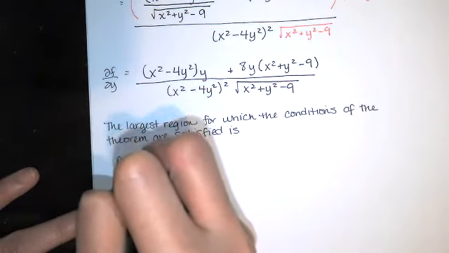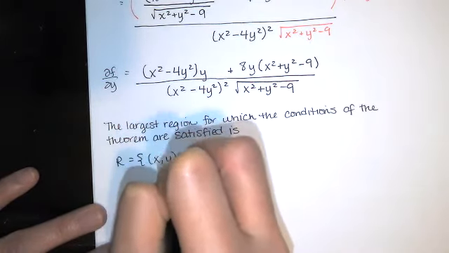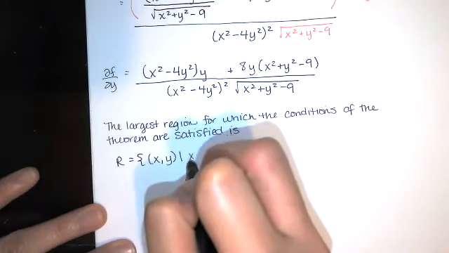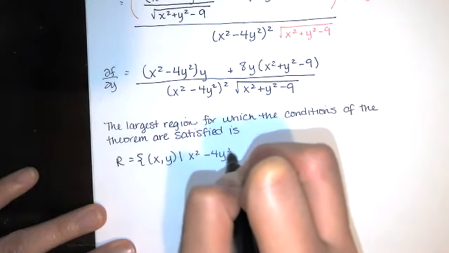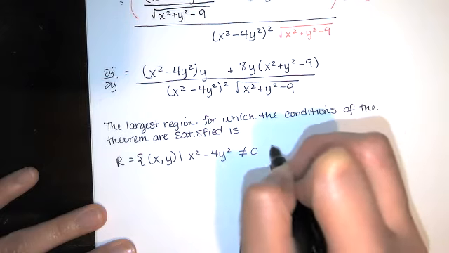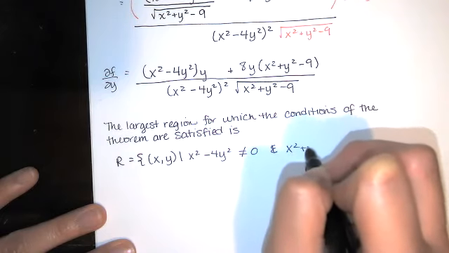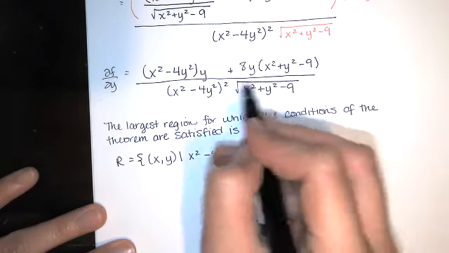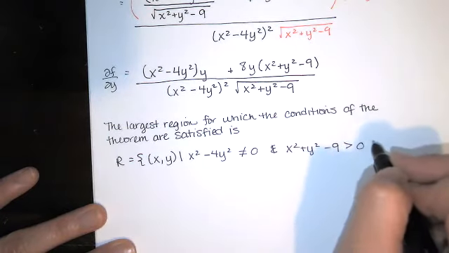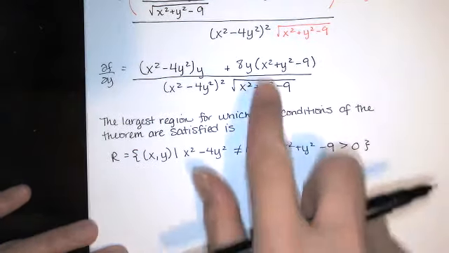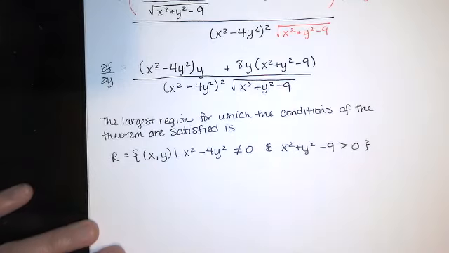It's the set of all xy pairs such that x squared minus 4y squared is not equal to 0. And at the same time, x squared plus y squared minus 9, that's the expression under the radical, is strictly positive. We can take the square root of 0, but not if it's in the denominator, because then we'd be dividing by 0.